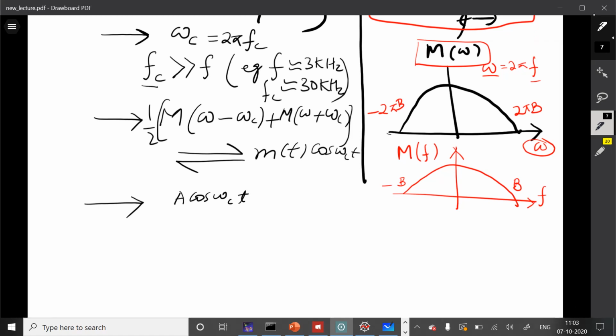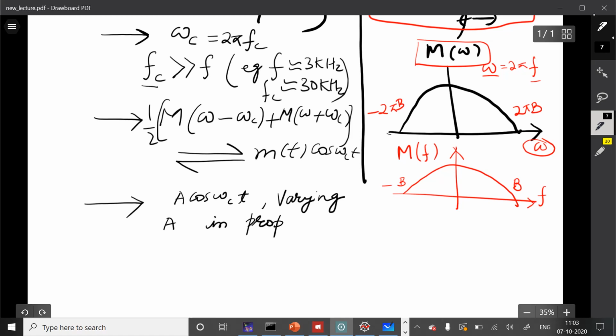And what you are doing is you are varying this amplitude A in proportion to the message signal m of t.